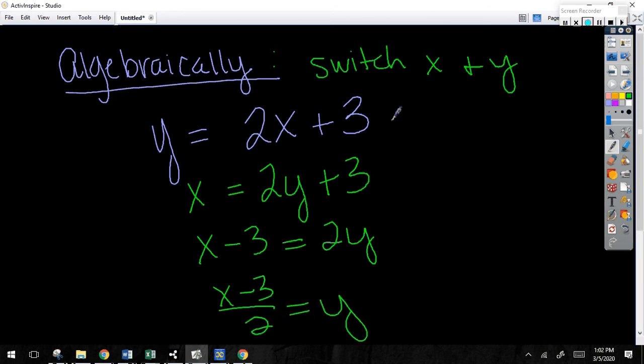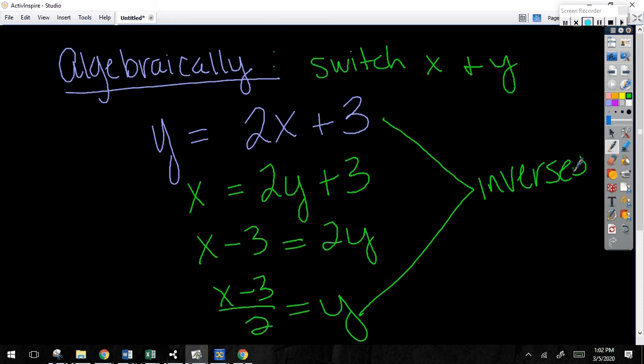These two are inverses of each other. Does that make sense? Yes.